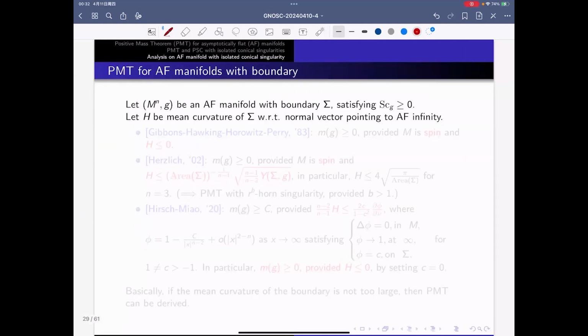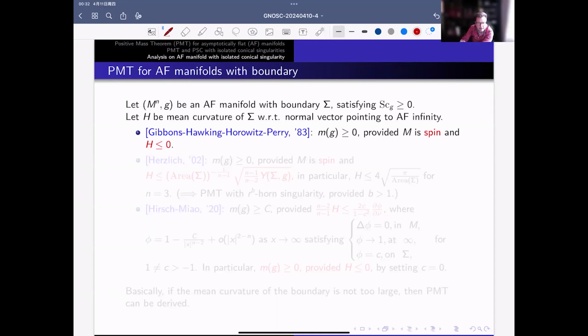Now use H to denote the mean curvature of the boundary with respect to the normal vector pointing to the asymptotically flat end. Okay. And now Gibbons-Hawking-Horowitz-Perry extended Witten's argument under the assumption that H, the mean curvature, is non-positive. In this case, we get a positive mass theorem.